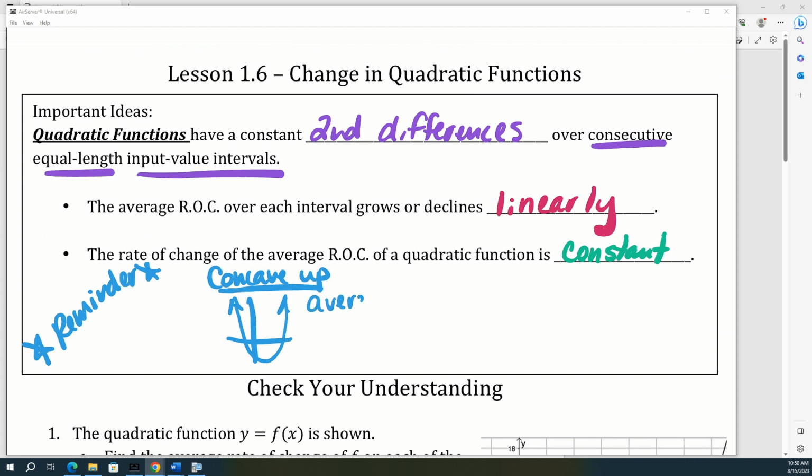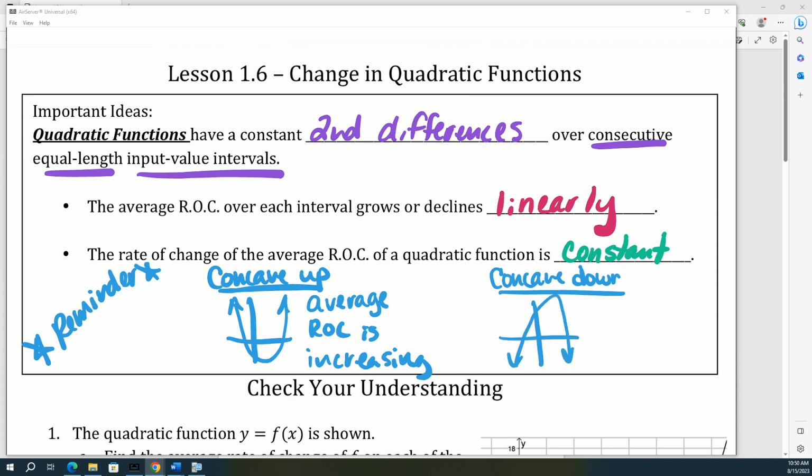And what we know about the rates of change when a graph is concave up is that the average rate of change is increasing. All right, and then concave down looks like a frown, and the average rate of change is decreasing.